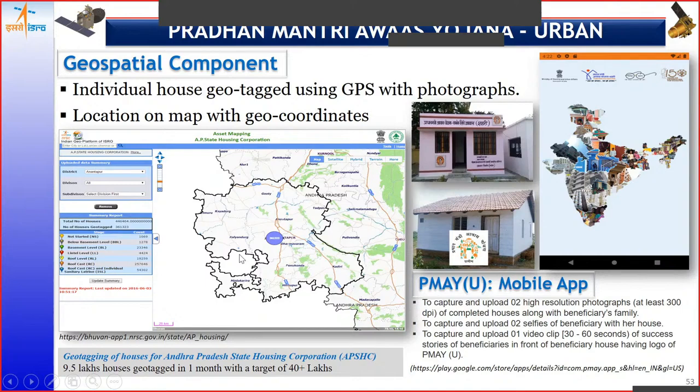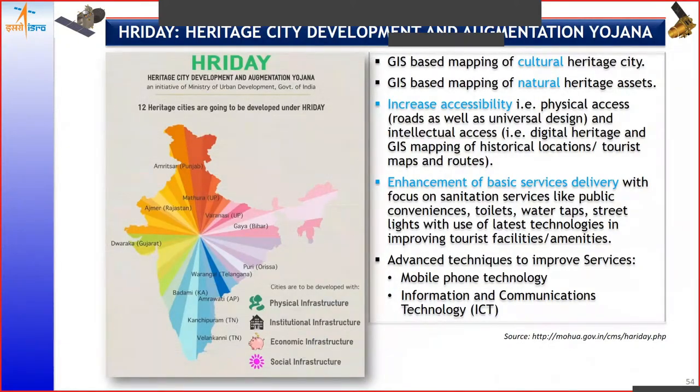If you type Andhra Pradesh housing project and Pradhan Mantri Awas Yojana, you will find this glaring example where the beneficiaries' locations, their houses, have been mapped, and it is helping to find out where all the beneficiaries are located.